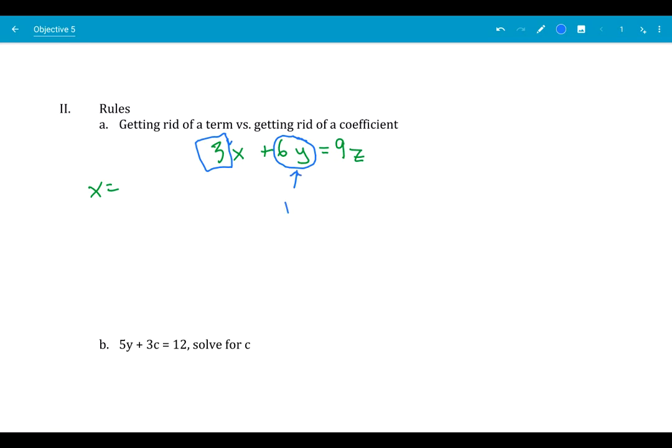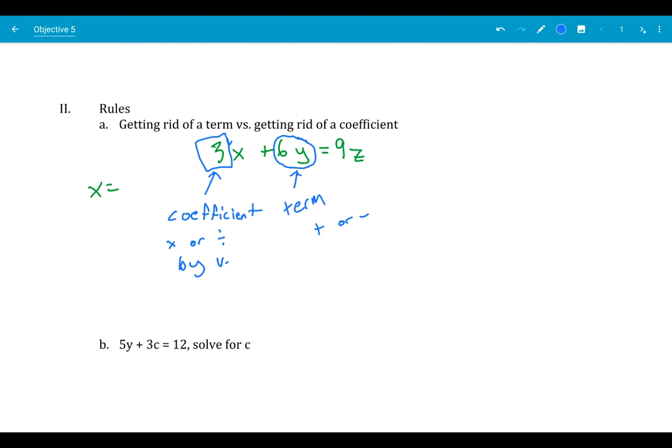6y is a term. Okay, terms are something that are added or subtracted in the equation. Whereas the 3, you might have heard this word before, it's called a coefficient. A coefficient is any number that is multiplied or divided by the variable.